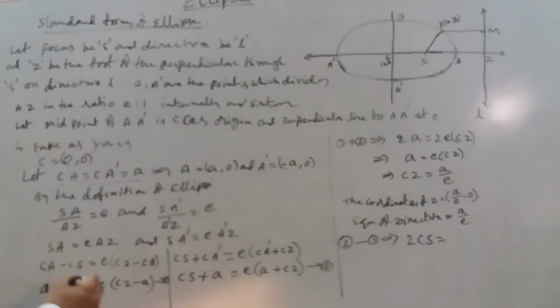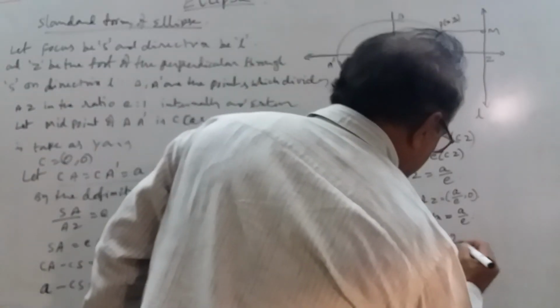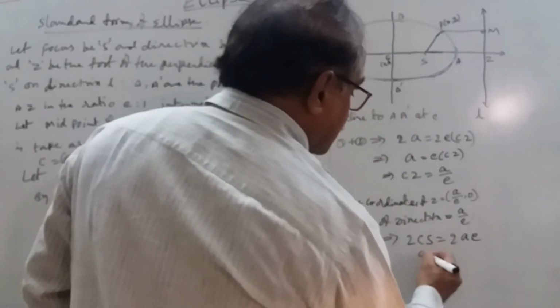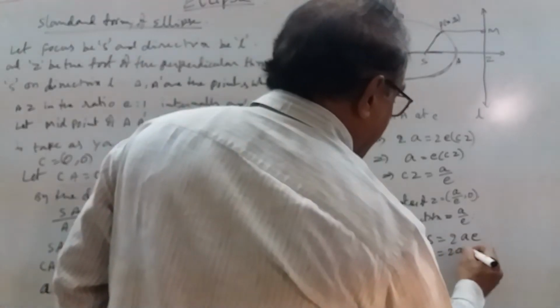If we subtract the first one from the second one, this will change as minus CZ plus a. That means CZ gets cancelled, a plus a is 2a, the 2 get cancelled, and CS is equal to ae.